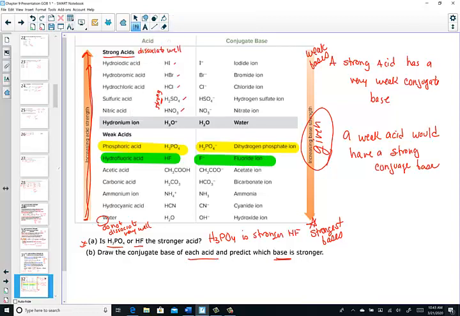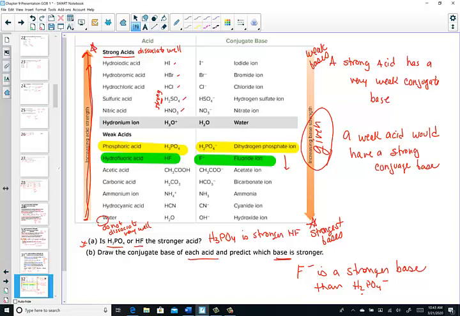Remember that the bases increase in strength as you go down. So the fluoride is a stronger base than the conjugate called H2PO4 negative. That's called dihydrogen phosphate ion.